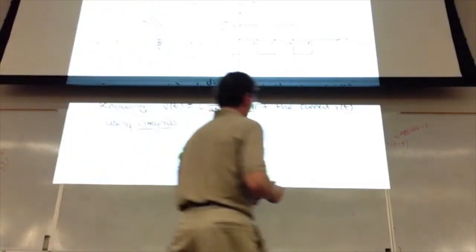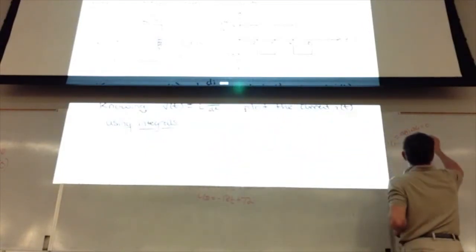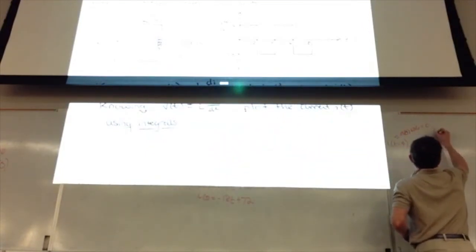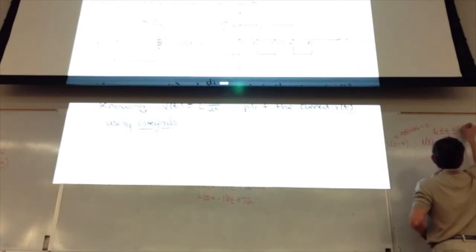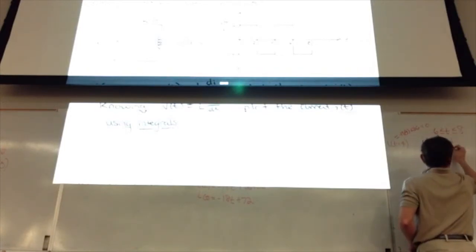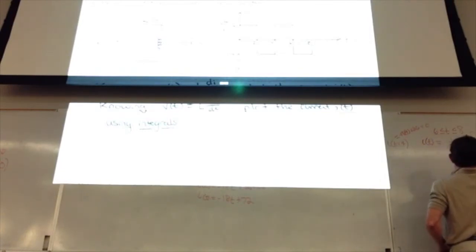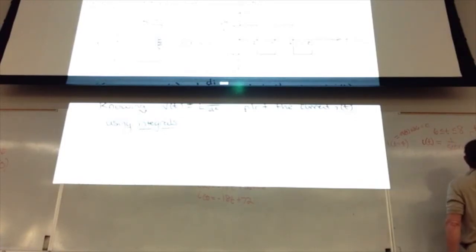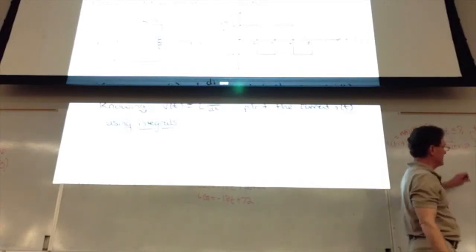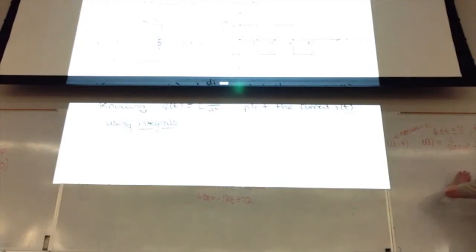All right, and then the final one is I of t, for 6 less than or equal to t, which is less than or equal to 8. I of t is 1 over 500 times 10 to the minus 3, integral from 6 to t of minus 9 dt, plus I at t equals 6. I at t equals 6 is going to be 36, and that comes from here, 18 times 6 minus 4.